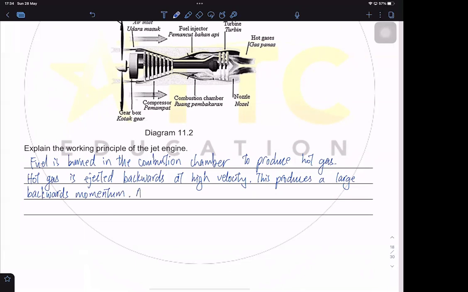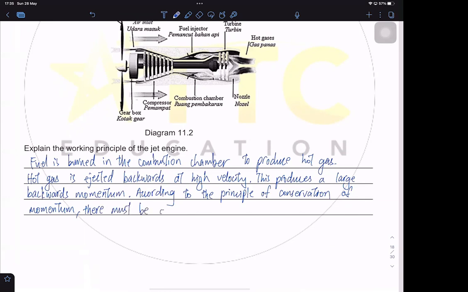Okay. Now, according to our principle, what principle is that? According to the principle of conservation of momentum, when something goes back, there must be something going front.